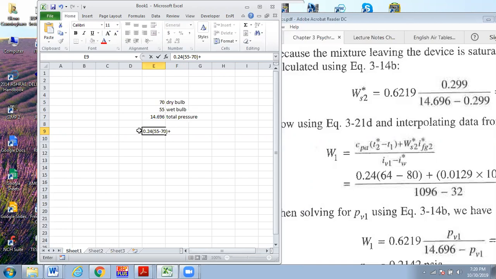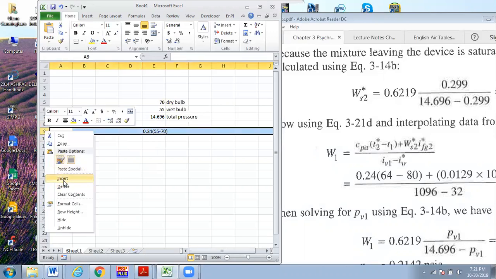Okay, so now we're going to have to come back to this. Now we've got to get the saturation humidity ratio at 55 degrees. So let's program that in here. And we're going to need that saturation pressure. Let me add a line or two here.